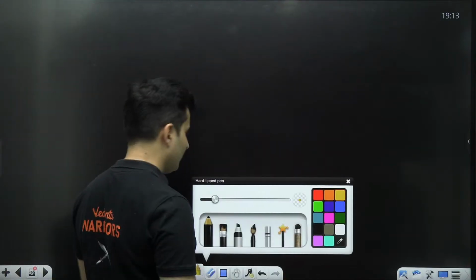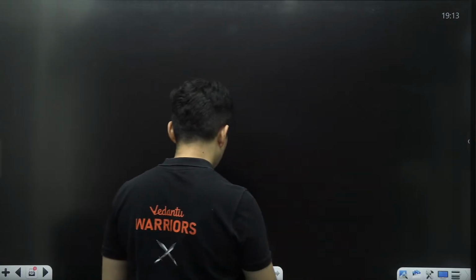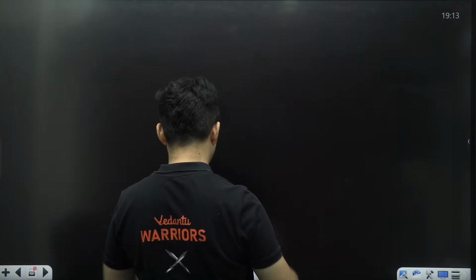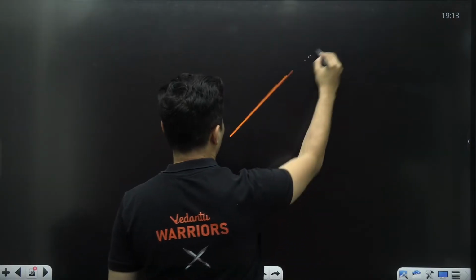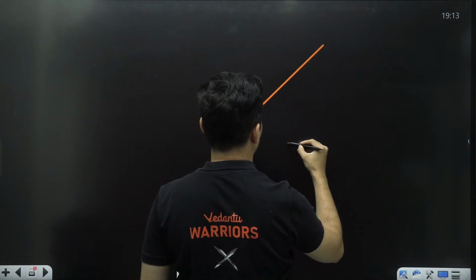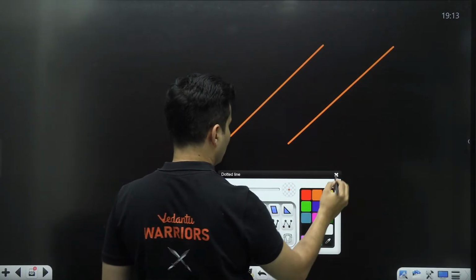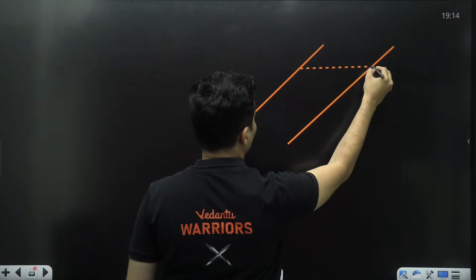Let's understand it first. Okay, let's draw two wires, guys. This is one wire, and this is another wire over here, placed at some distance from each other.